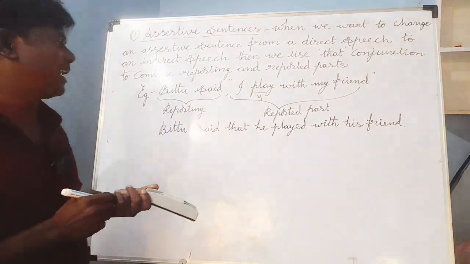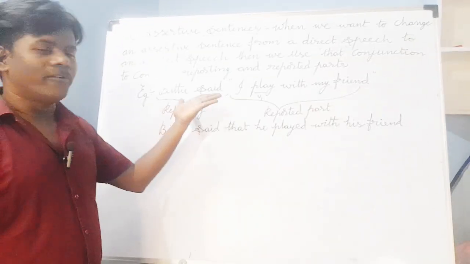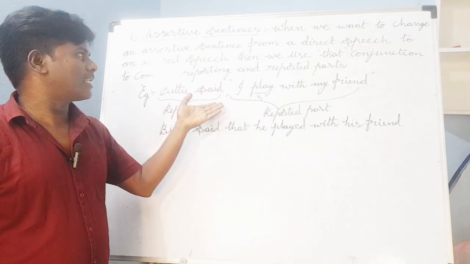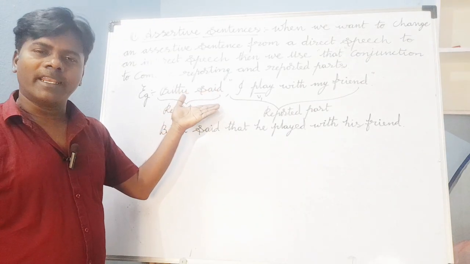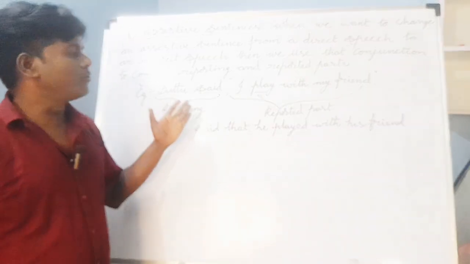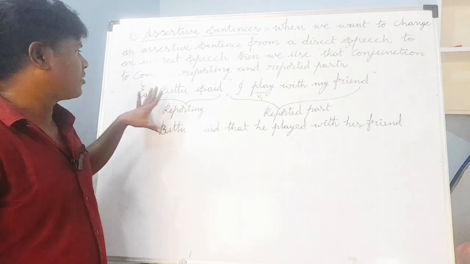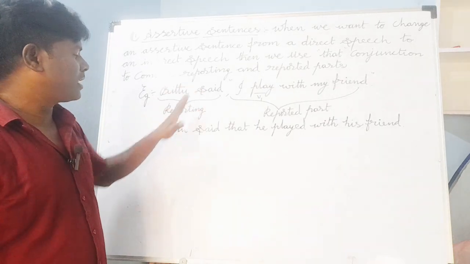So I'll explain again. So here, when we want to change this sentence from direct speech to indirect speech, then we use that conjunction to combine reporting and reported parts, right? So ikkada we have to write as usual, Bittu said that.